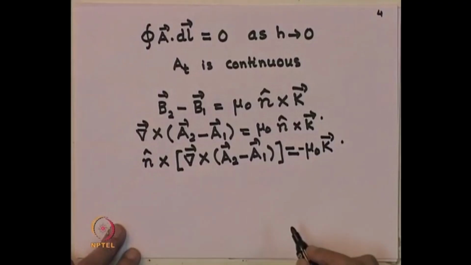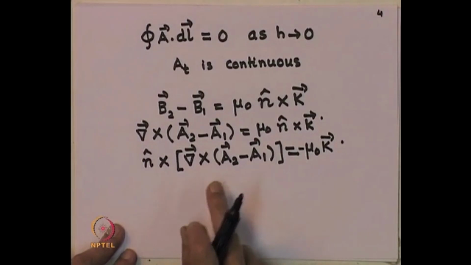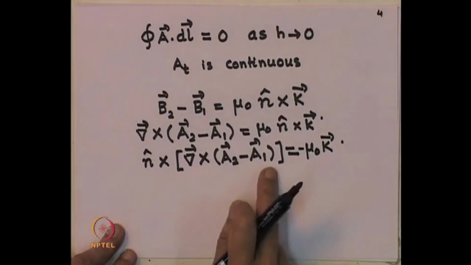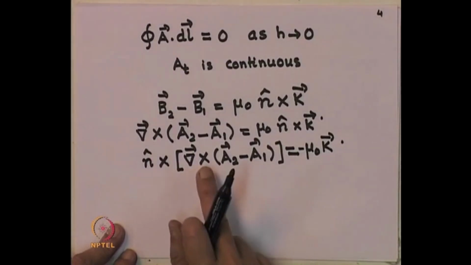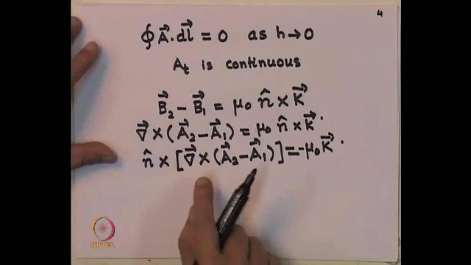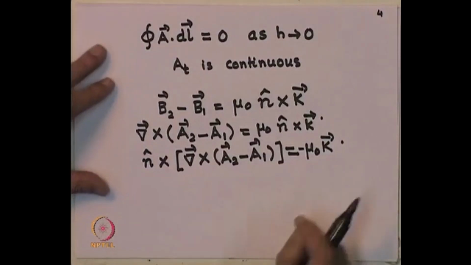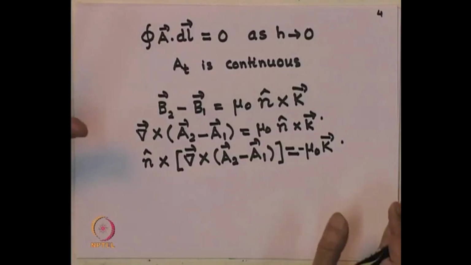Now, from this it is fairly simple to show that the normal derivative of A suffers a discontinuity. I am not going to explicitly prove it, but you could take this as an exercise. Basically what you do is this: we had shown that T, N and S are a right-handed coordinate system. They are like Cartesian coordinates. So, you can treat them like your x, y, z and expand this out.